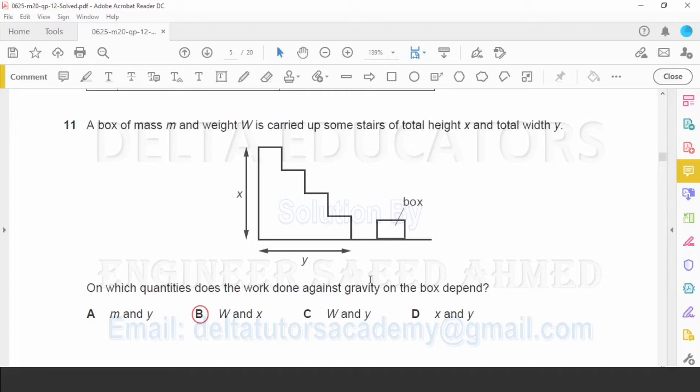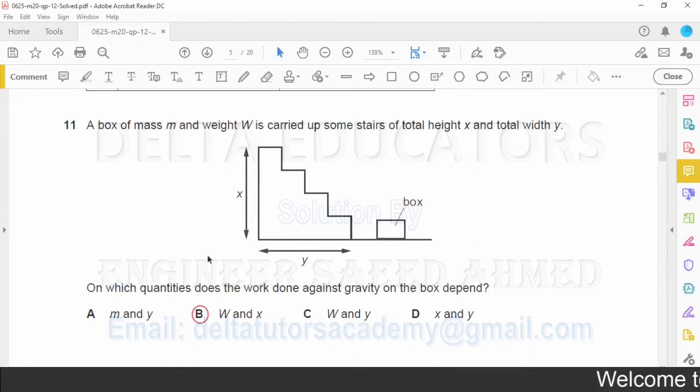Now m into g, mass into gravitational field strength, is called weight. Now we can say that gravitational potential energy is equal to weight into height. Weight is given here as W and height is represented by X. So gravitational potential energy will be equal to W into X.